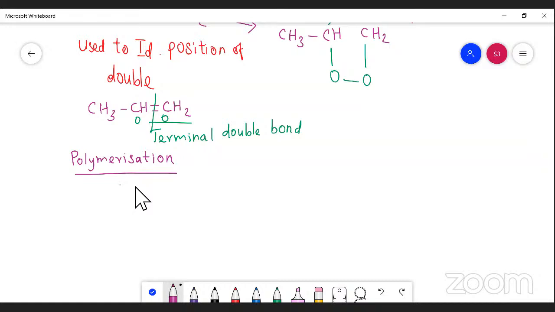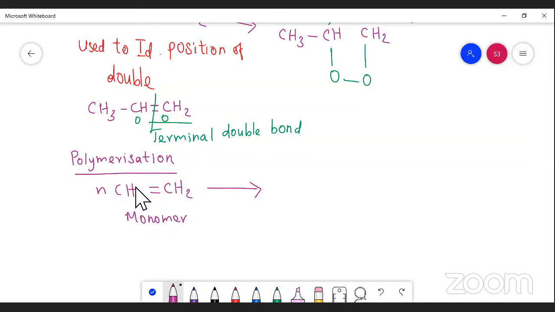Suppose we take ethylene, CH2=CH2. This is a monomer. And here n number of monomers react to get a larger molecule by the combination of smaller molecules. Then we get a polymer.